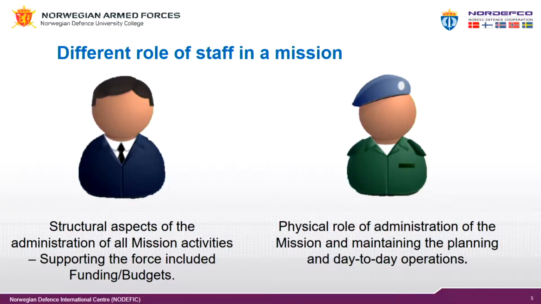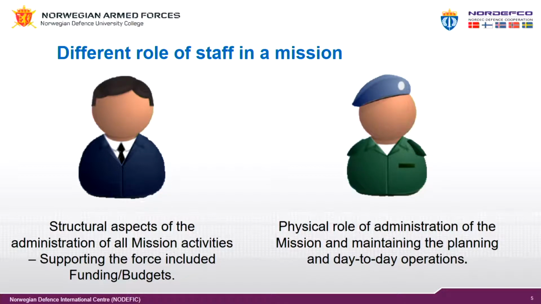The civilian staff often has a governmental or academic or a non-governmental organization or a military background. They have more regulated working hours than military staff, and they have much longer contracts than the military staff.